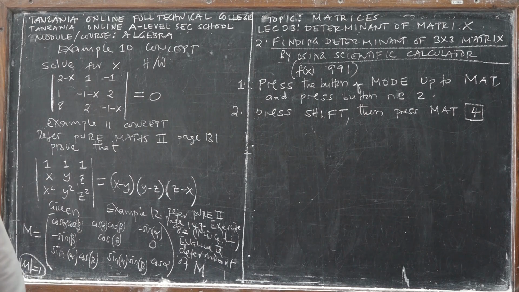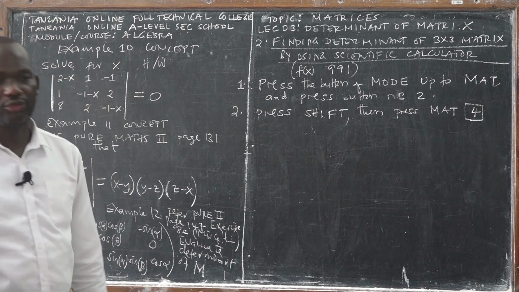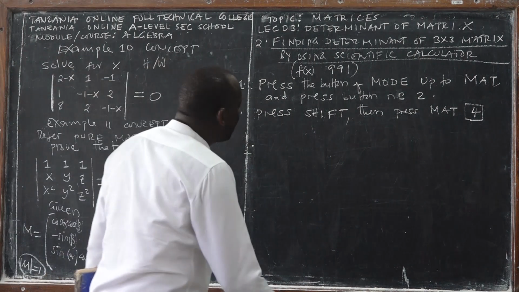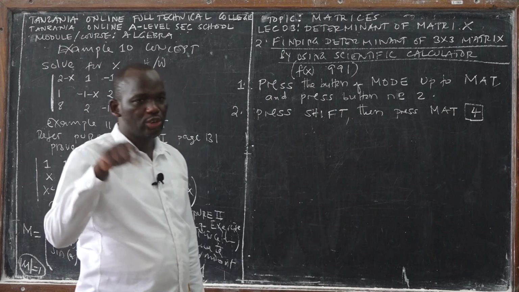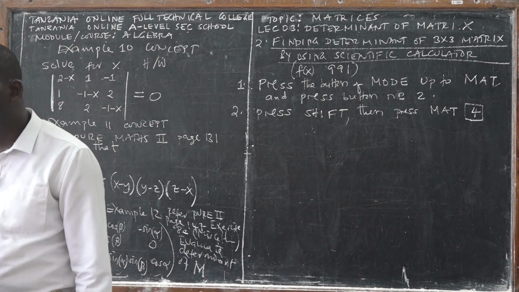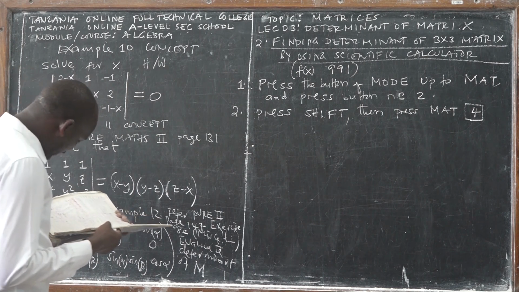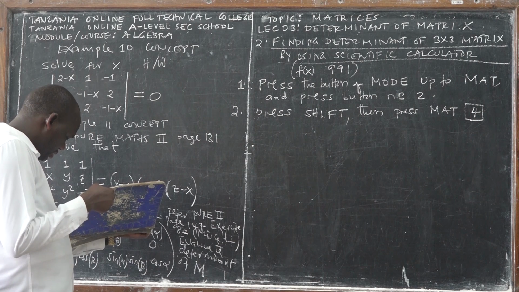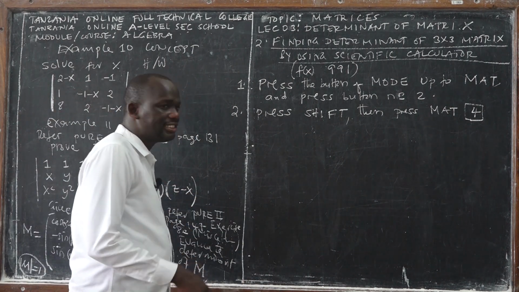Then what do you see? Dim. Dim means dimension.